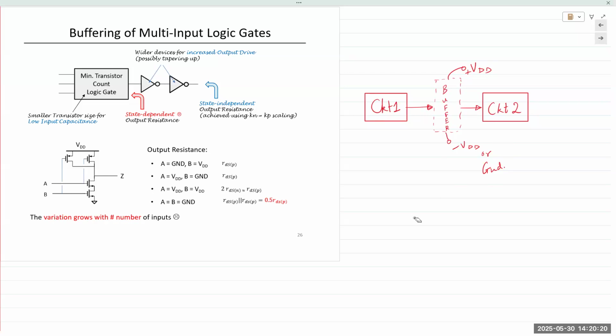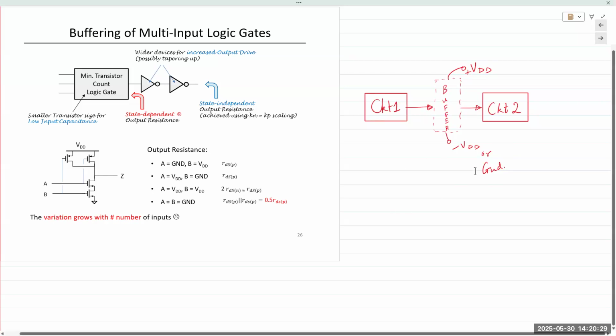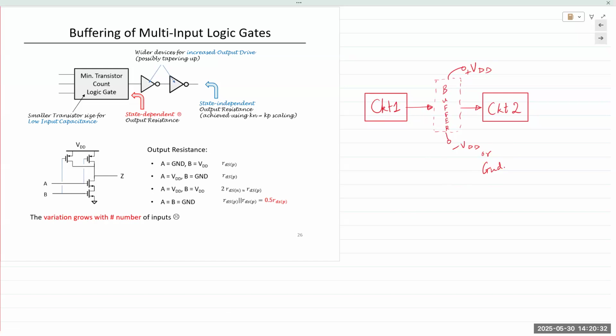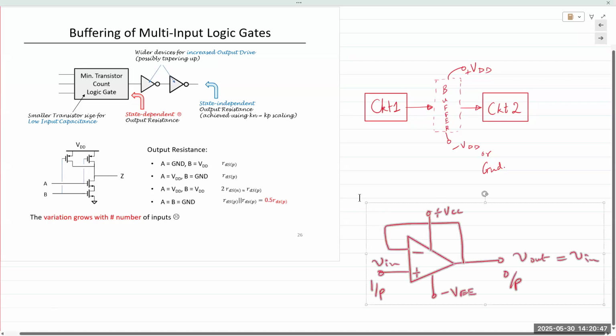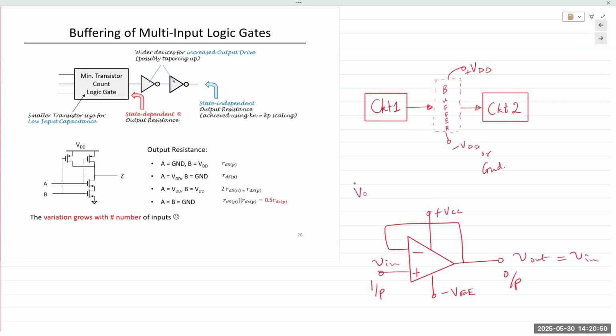One of the most common ones you might have come across or used is the voltage follower circuit created using an op amp. If you all remember, this is the voltage follower circuit built using an op amp, where the output of the op amp is fed back as input into the inverting terminal of the op amp.